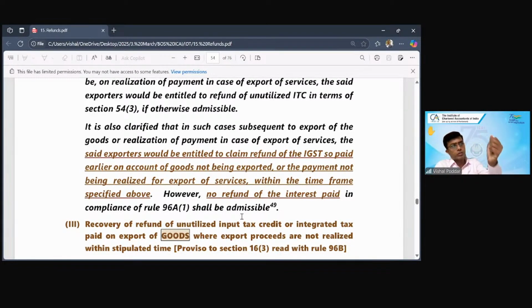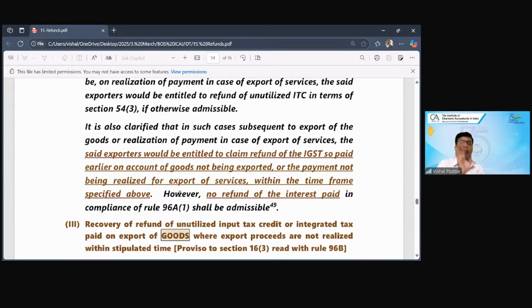That is, now the goods are finally exported. The delay happened because there was some problem with the ship, there was a problem in the route, or, as you are saying, because of some strained relations between different countries, there is some problem in the export because of which my export consignment got delayed. But eventually, after a few months of delay, I actually exported the goods. Should I now not get the refund? The law says yes. This is what is clarified.